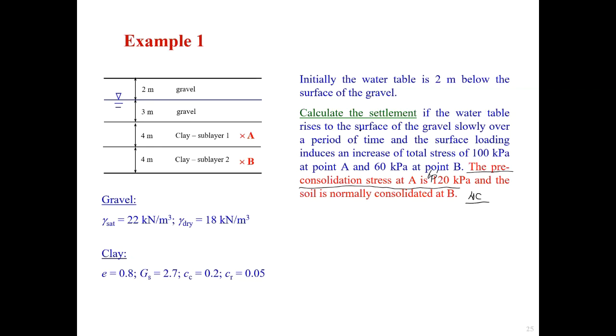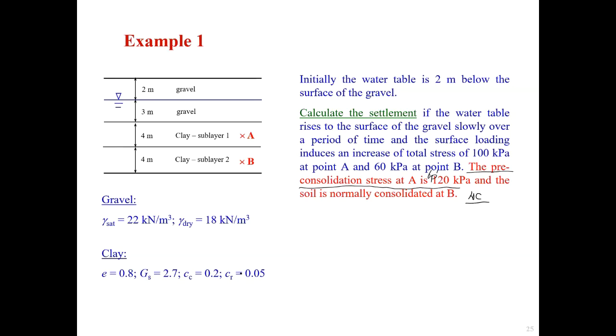The water table rises to the surface of the gravel gradually over a period of time, and surface loading induces an increase of total stress of 100 kPa at point A and 60 kPa at point B. We are required to calculate the settlement of the soil. For the gravel, the saturated unit weight and dry unit weight are given, and for the clay, the water ratio, the specific gravity, CC and CR are given.